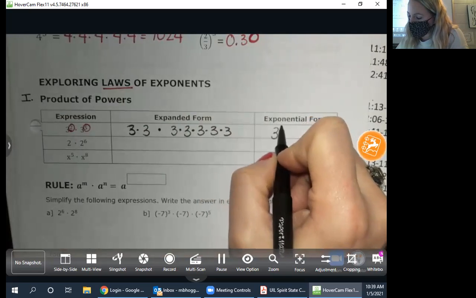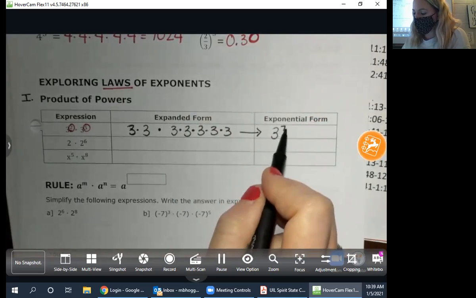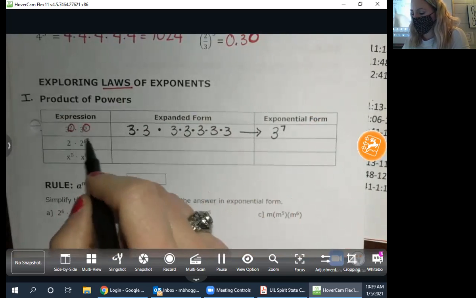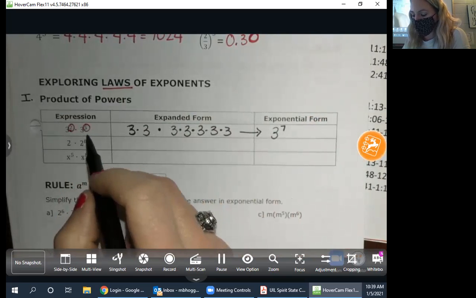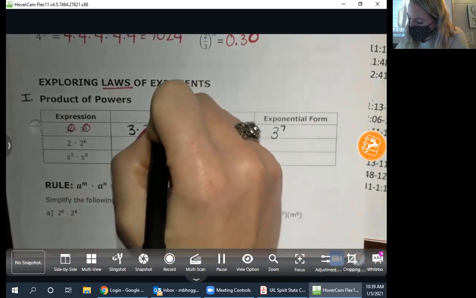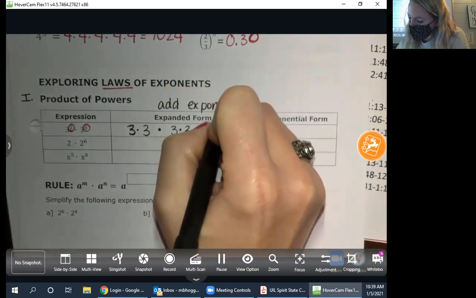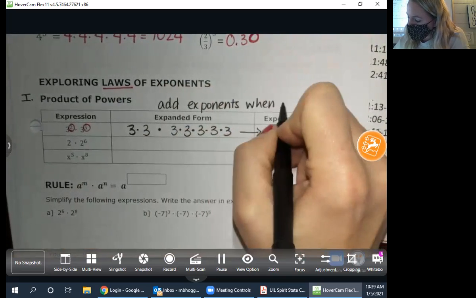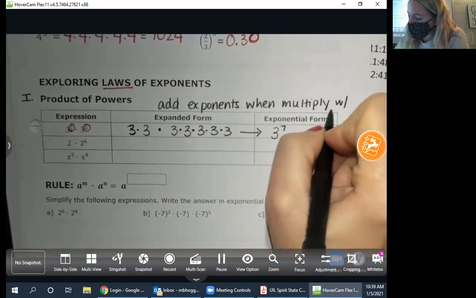So isn't that the same as this? Right? If you were to write that out, you would write this out. So what did we just do with our exponents? Yes, we combined them, we added them. You add your exponents, write this down, when you multiply with the same base.